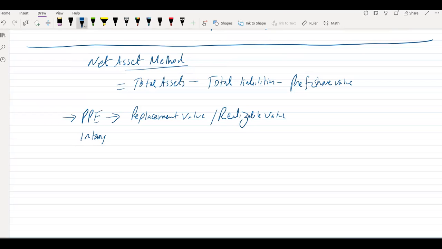Intangible asset, calculate the market value of intangible assets. Put the intangible asset at market value. Receivables, how much you will receive, so less any doubtful debt.